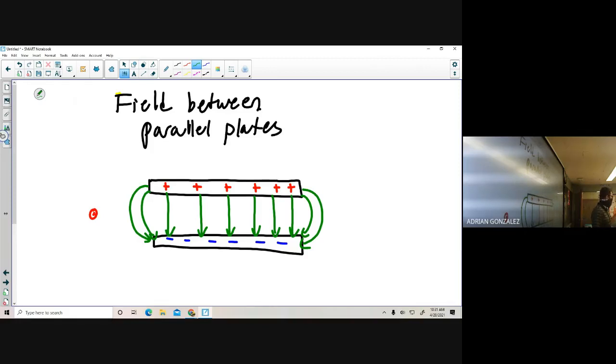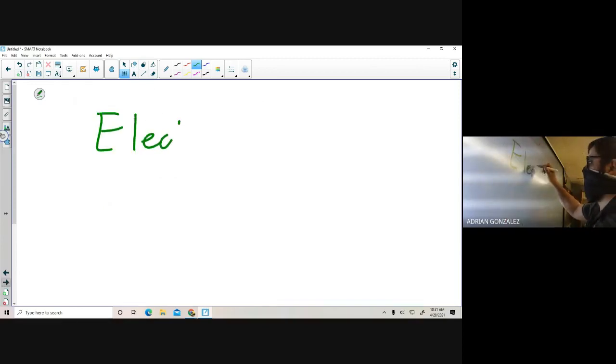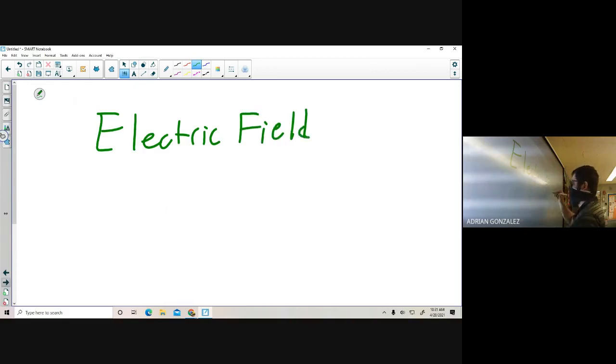We want to know how strong the field is. So we want to be able to measure the electric field strength. Okay? So we want to know how strong is the field.